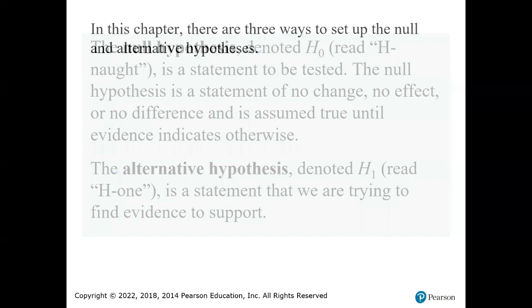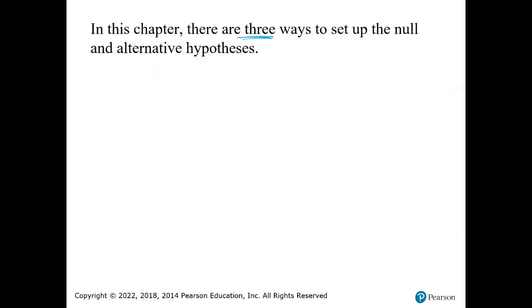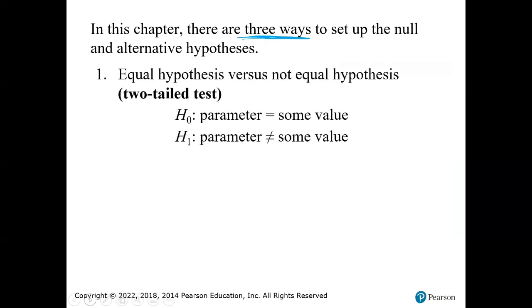There are 3 ways in which we can set up these hypotheses. Every single one that we do, the null hypothesis is always going to look the same. It is the alternative that has 3 different ways to set up. The first test here is equal versus not equal.